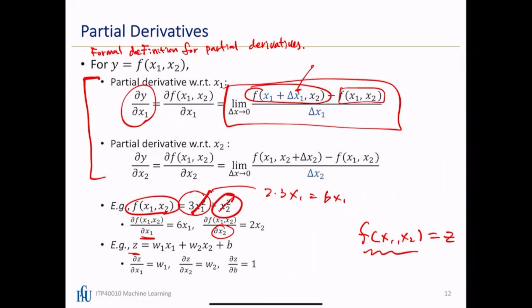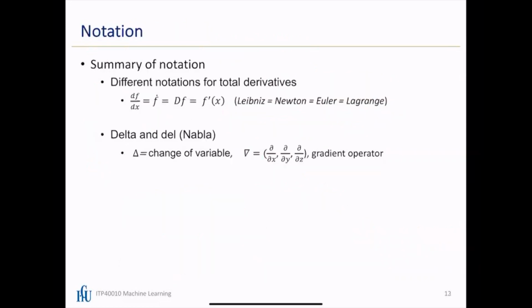In this case, if you take the derivative of z with respect to x1, everything else is constant and it is read off by the coefficient. So it's going to be very simply w1. Well, if you take the derivative of z with respect to b, where everything else is just constant, the derivative of the constants is going to be 0, and b prime is simply 1. So this is how you treat the partial derivative.